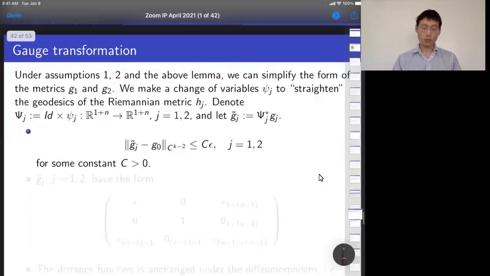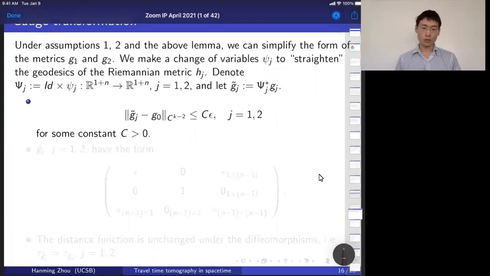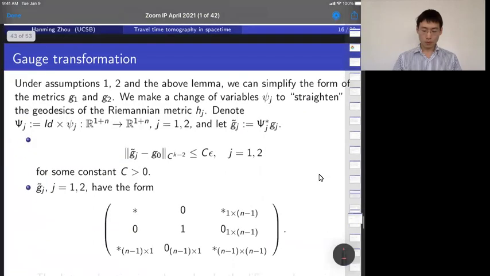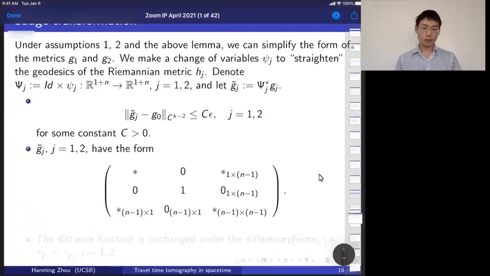So we still preserve this closeness assumption. The pullback metric, this G tilde, will still be close to the standard Minkowski metric. More importantly, under this diffeomorphism or pullback, the metric in these coordinates will have this special structure.